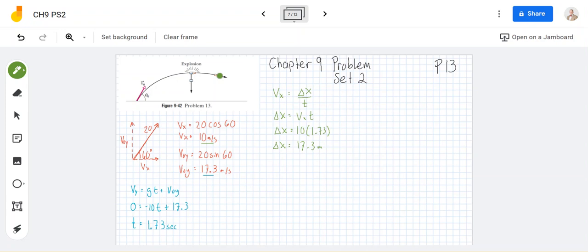Now, what happens after that? Well, at this moment in time, the shell explodes. But the nice thing about an explosion is all the forces are inside the system.